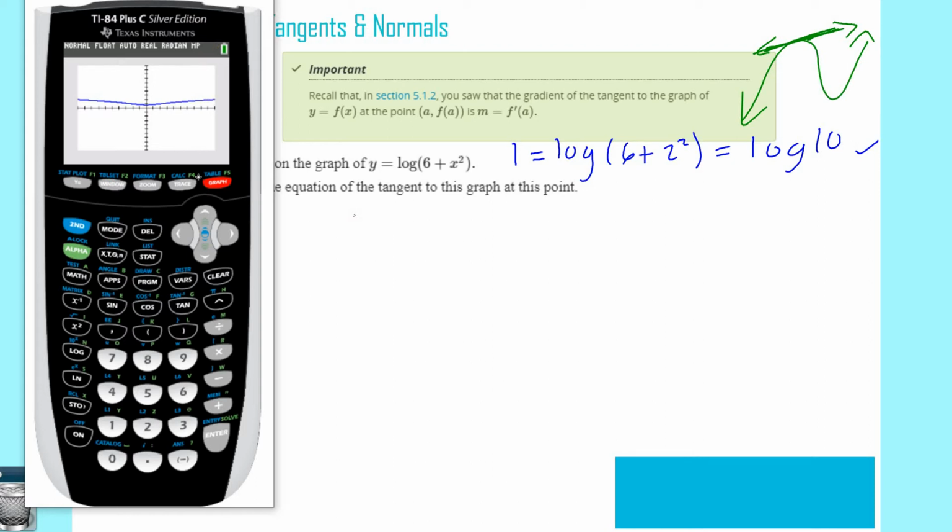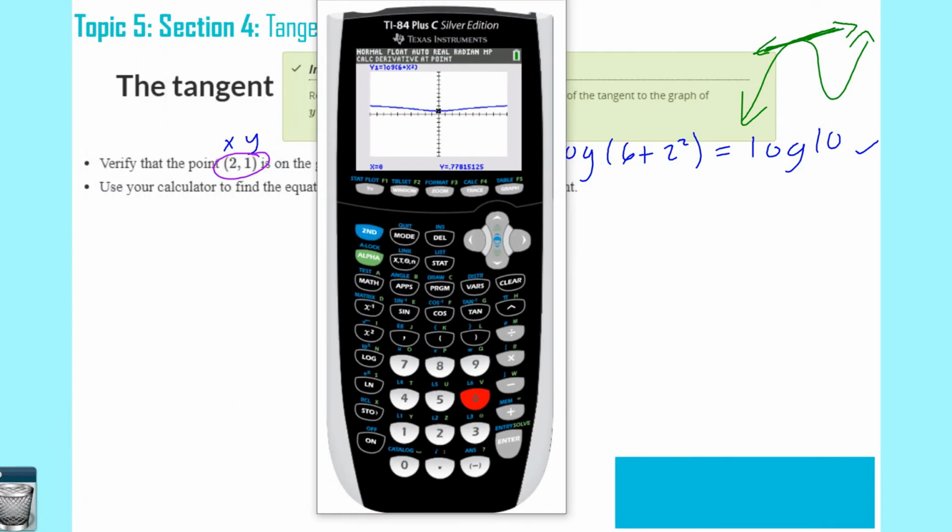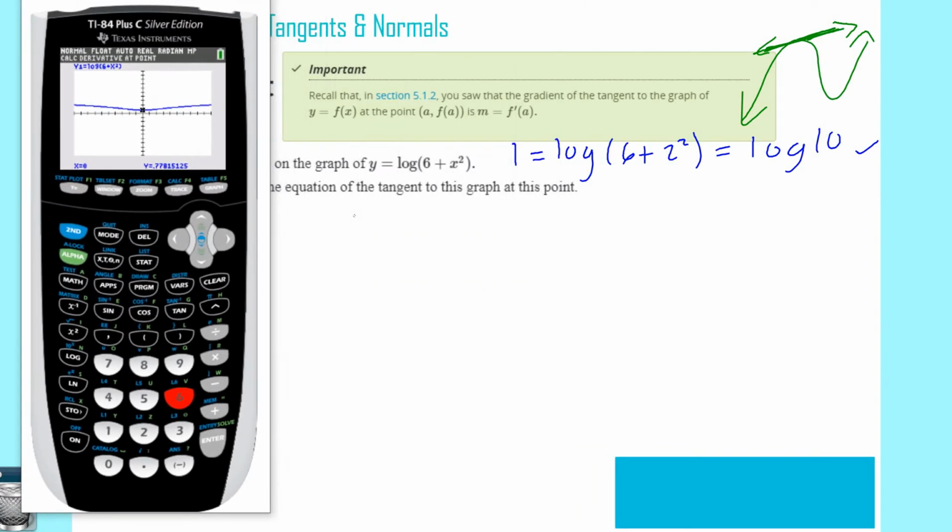And now I want to find the tangent, the derivative, the gradient, the slope. So go to second trace. I go to dy over dx, which is just 6. And I want to do that at the point, what did I have? 2, 1. So when x is 2, so then hit enter.